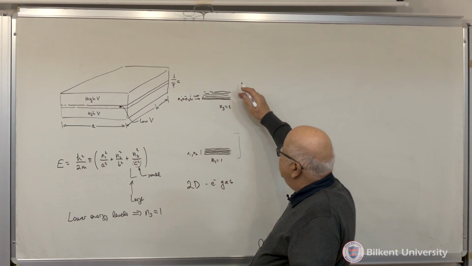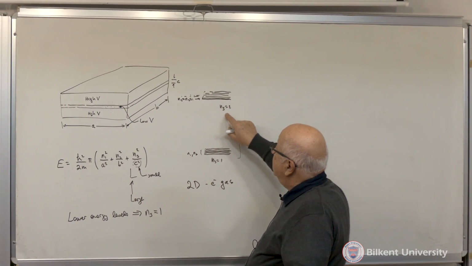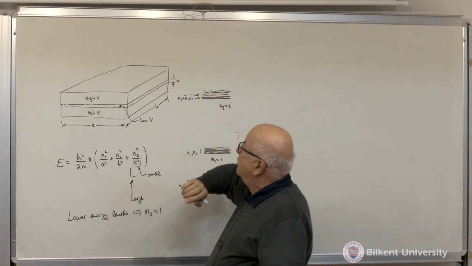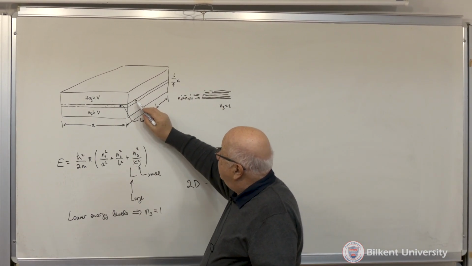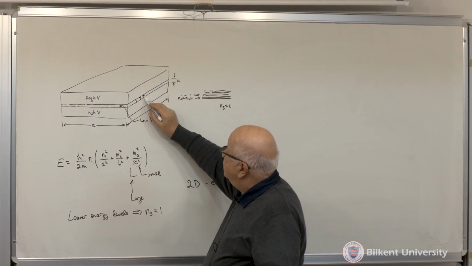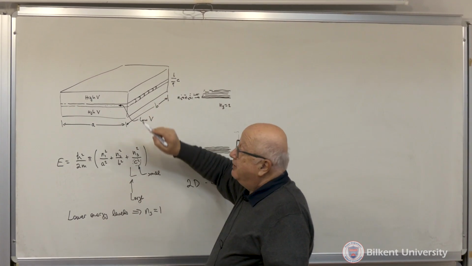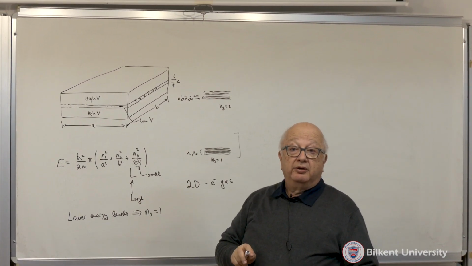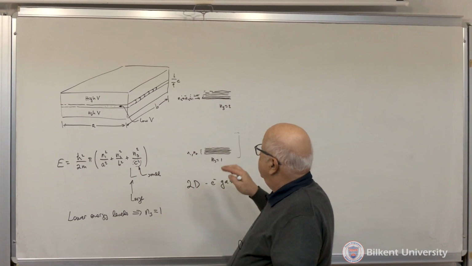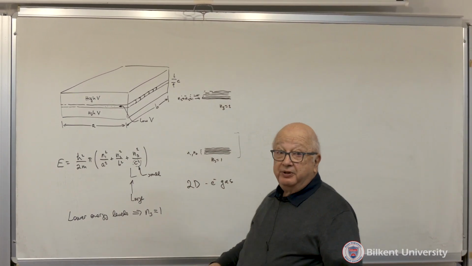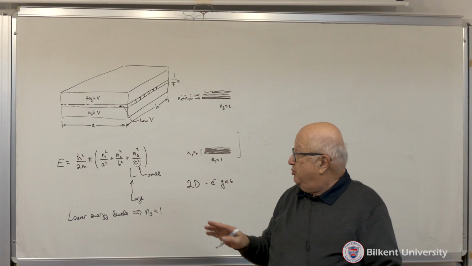I don't even see this because this C is so small that all of the wave functions in the C direction are the ground state wave functions. The next order wave function is a big jump in energy. You can sort of see this, right?